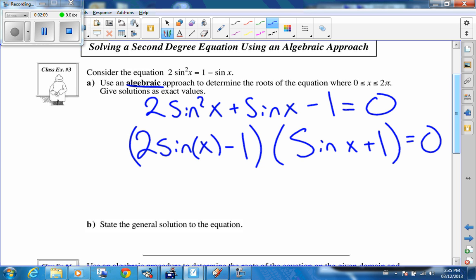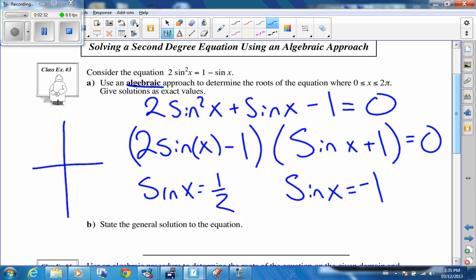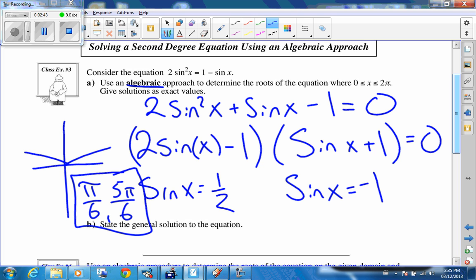And then my solutions here are going to be sine x equals positive 1/2, or sine x equals -1. At this point, I'm not doing anything different with it. I just solve these as though they were standard questions. So this should be pi sixth and 5 pi sixths. So apparently I missed one on my graph. And then sine x equals -1 at 3 pi halves.